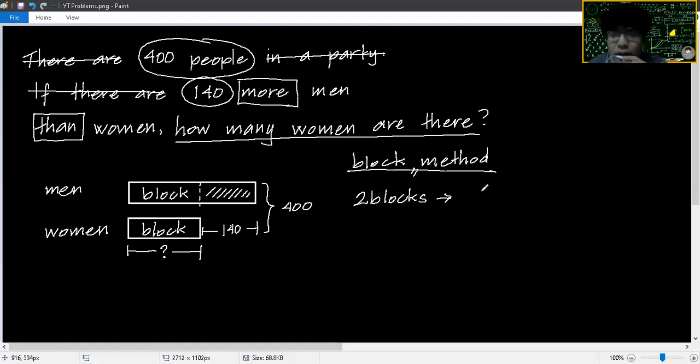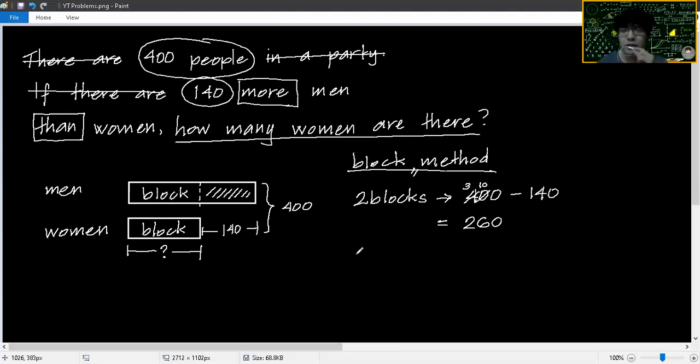So 400 minus 140, the difference will become what? Take away, or you have to regroup. So this will become 260. That is the value of two blocks.